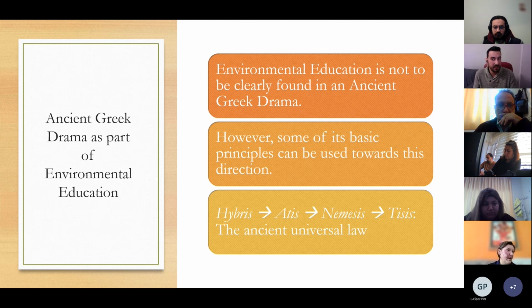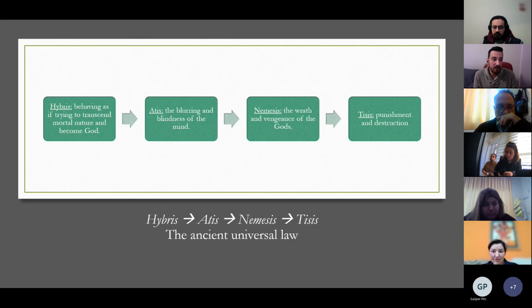So we can say that the ancient universal law of hybris, atis or ate in Greek, nemesis and thesis or tisis in Greek can be used for this purpose, towards this direction. Now, what are these four, let's say, words?